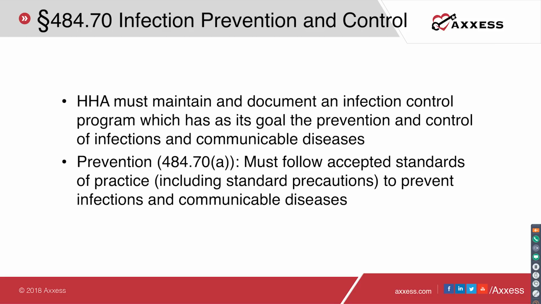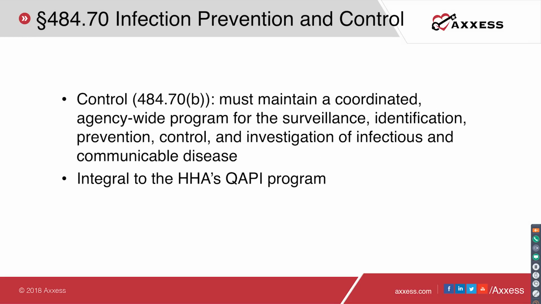We also see that there's a control standard. We have to maintain a coordinated agency-wide program for the surveillance, identification, prevention, control, and investigation of infectious and communicable diseases. And that has to be integral in your Home Health Agency's QAPI program. Again, AgencyCore has always integrated in the clinician's notes the ability to document infection prevention and control standards.